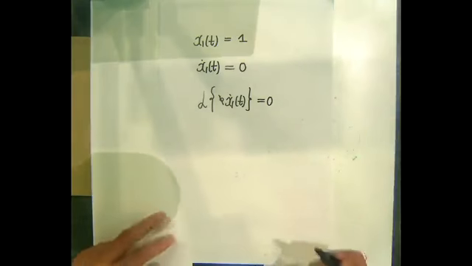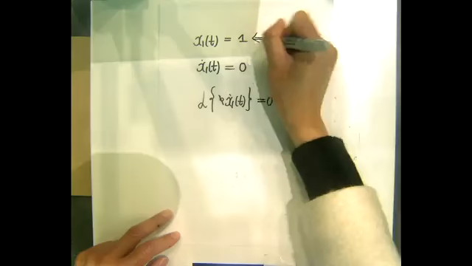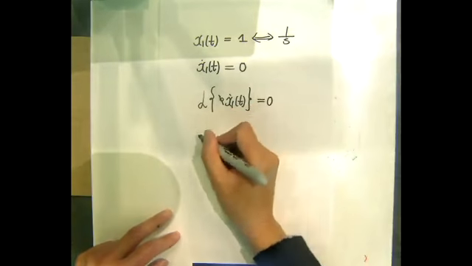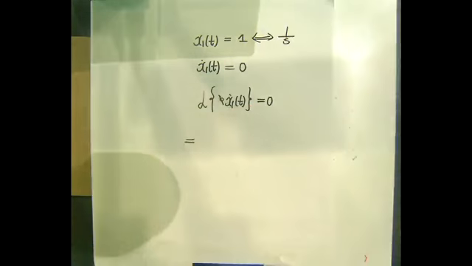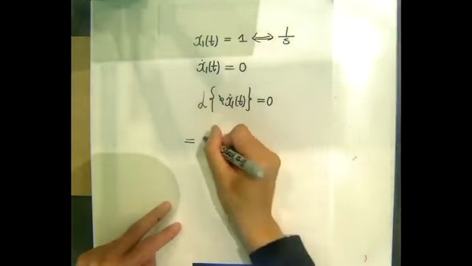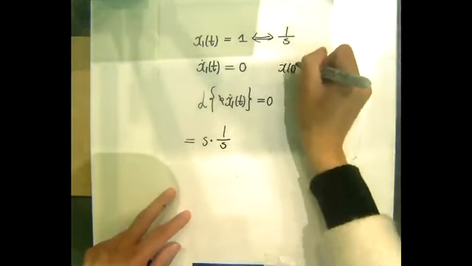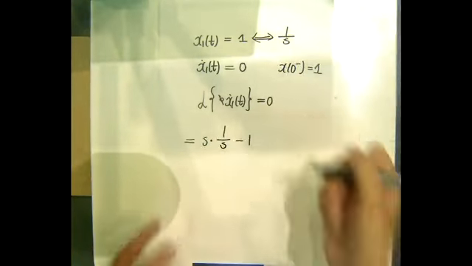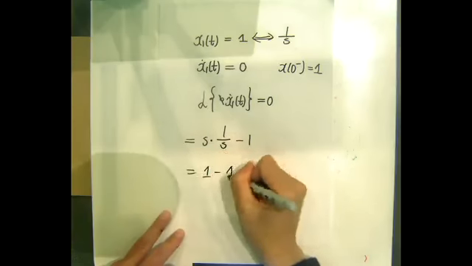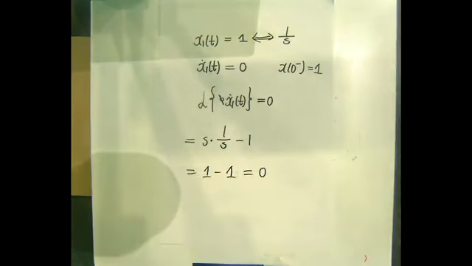And then I will use the derivative property of my Laplace transform. Then I will consider, and this transformation is 1 over s. So I will consider this also equal to, I use the derivative property, I will have my s times 1 over s, and my x0 minus will be 1, minus 1. This one will be 1 minus 1, still 0. Okay? So if you apply the derivative property, this is a correct one.